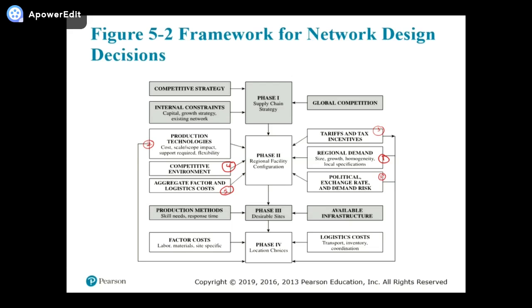So finally, we're going to select from within the potential sites identified in phase 3 the most suitable sites, and also make capacity allocation decisions. And of course, the goal is to maximize profits. So here the inputs are the detailed costs, including for labor, material, and facility, and then logistical costs related to transportation, inventory.